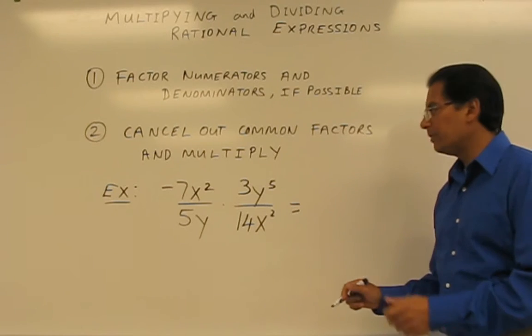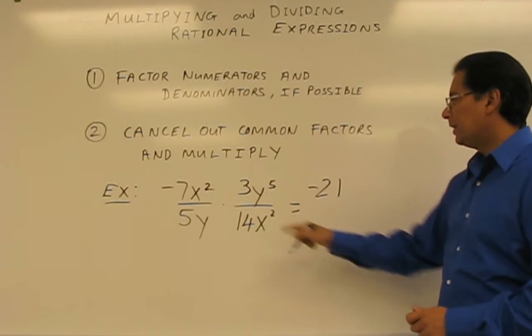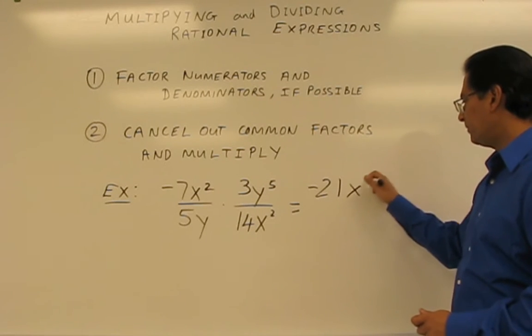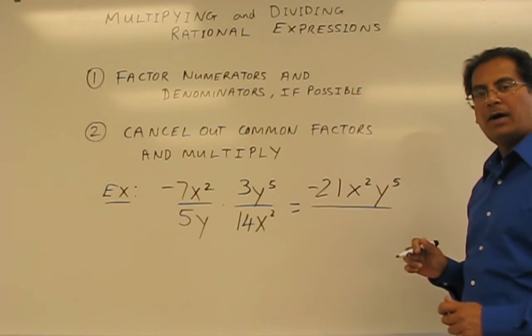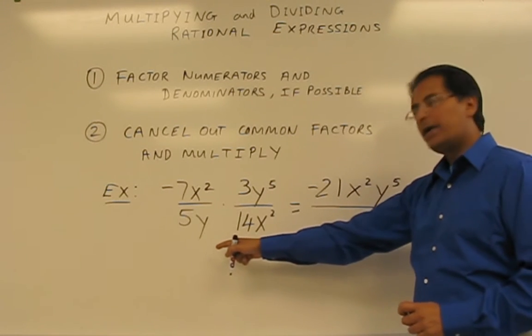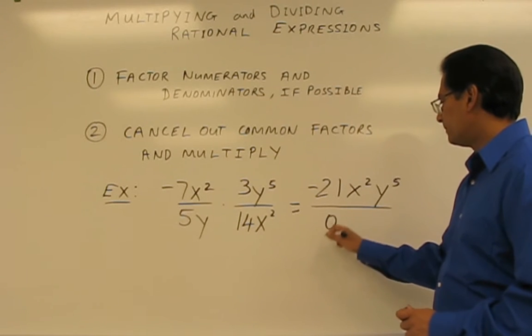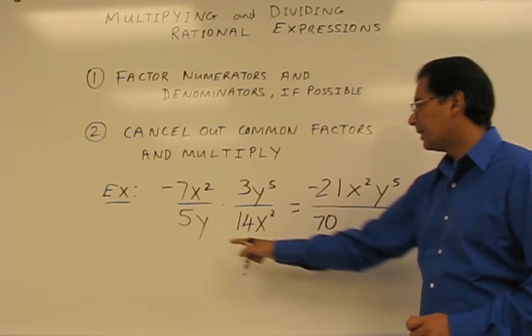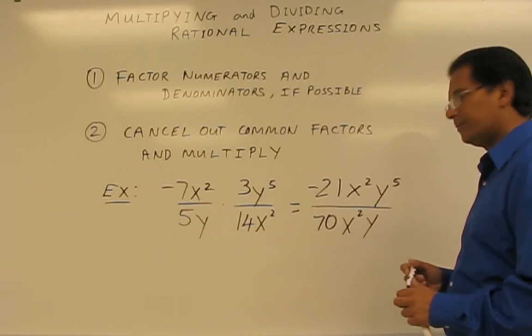If we multiply out everything, we'll get negative 7 times 3 is negative 21, and then x squared times y to the fifth, divided by, if we multiply the bottom, we'll get 5 times 14 is 70, and then y times x squared, or x squared times y.